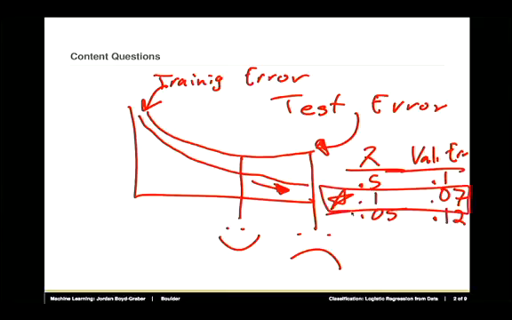And so you have a set of data that's different from your training set, different from your test set, and you choose your lambda based on how well it does on this validation set.